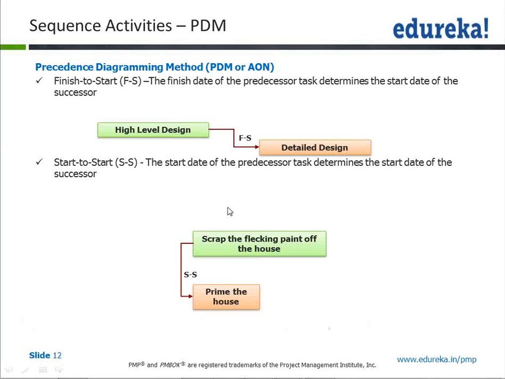Start to start, say for example, here it is given scrape the flaking paint off the house and prime the house. I would say a better example is generally when you are in construction, the laying of electrical lines and laying of the plumbing lines are both done together, start together, because once the house is constructed, the first thing is you start creating those grooves in the wall for your concealed wiring as well as your concealed plumbing activity.